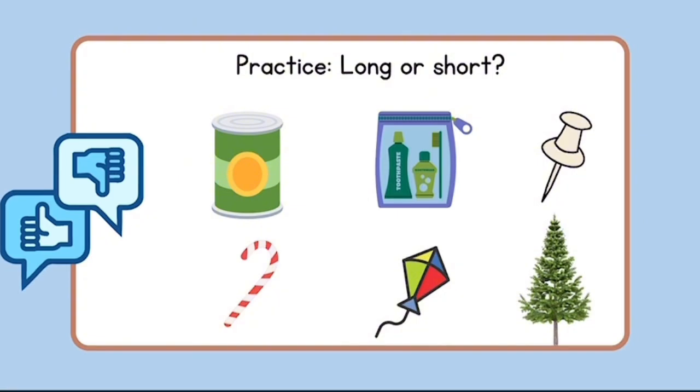For example, pine, they are supposed to give me thumbs up for long I, and if I say pin, they are supposed to give me thumbs down. We're going to go over each of the words, and they are going to categorize them by long vowel sounds.